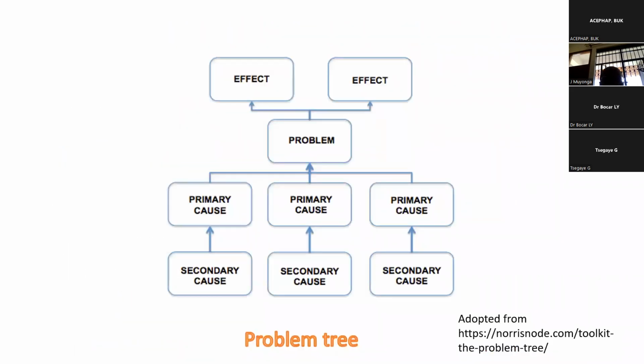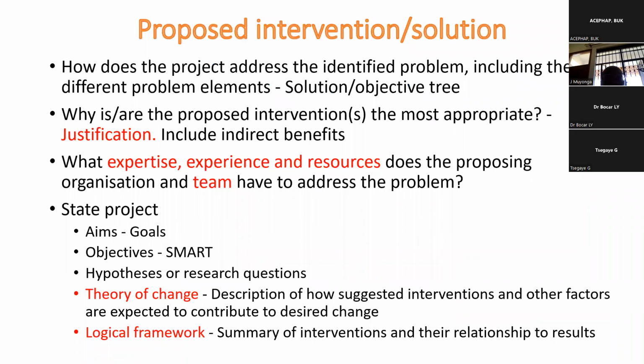I mentioned the problem tree. It's important to dissect your problem. What's the problem? What are the primary causes, secondary causes? What are the effects? And once you have this, as you write your proposal, you are able to take into account all of these elements so that your project achieves the results it should.